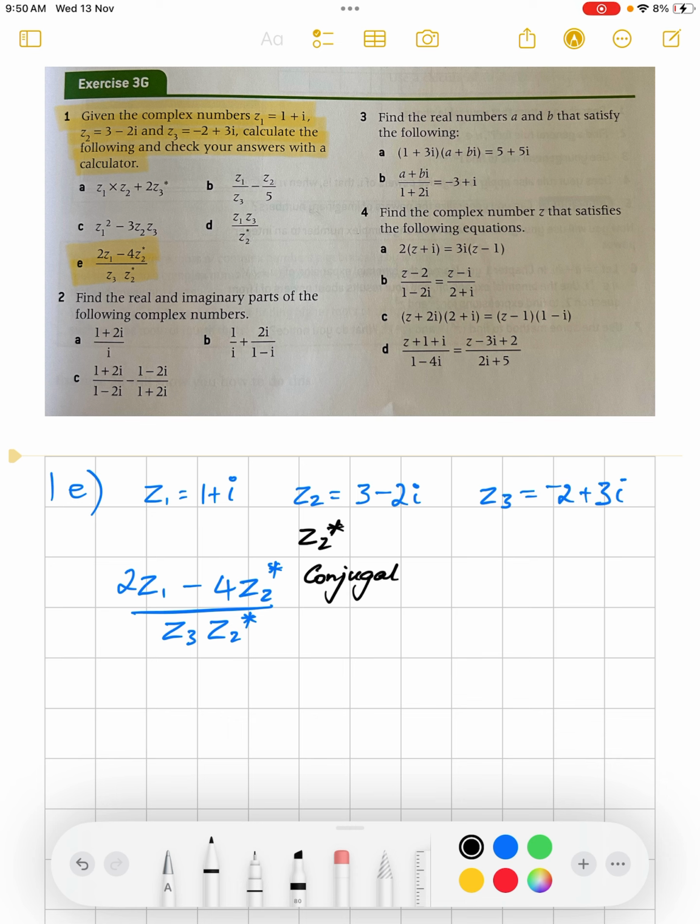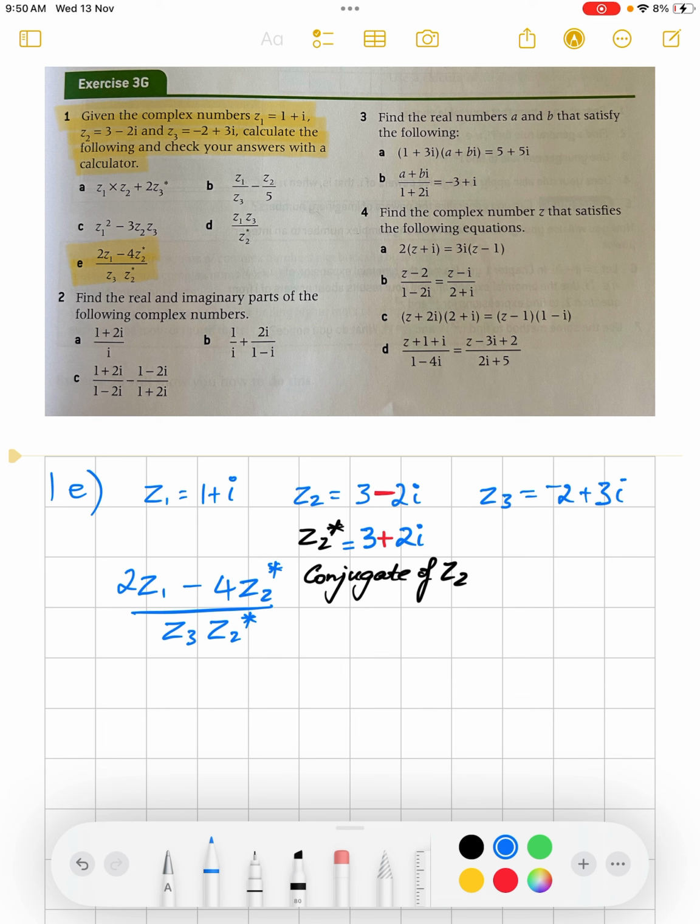So Z2* is the conjugate of Z2. Now, Z2 has a minus in that position. The conjugate will be 3 plus 2i. So we have to remember, whenever you've got a Z2 with an asterisk, don't use a minus 2i. You change the sign of the imaginary component.